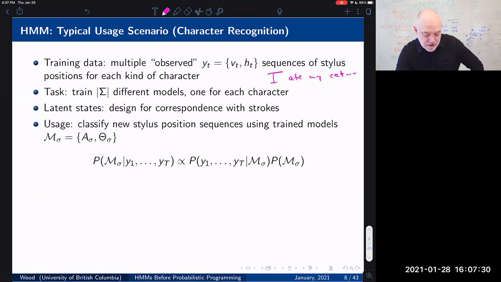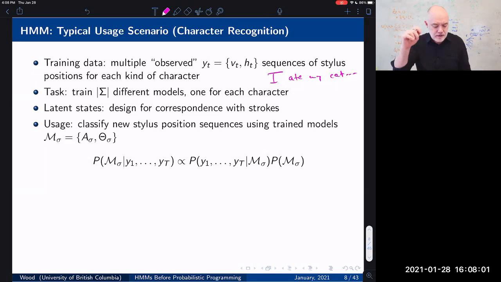Anyway, so training data might be an observed sequence where Y is the joint values of the vertical and horizontal position of a stylus at a particular time, right? So Y can be not just scalar, it can be a vector, as we just talked about, right? And you might train a bunch of different models, one for each character. So in other words, you might have HMMs for every single letter in your alphabet, whatever that happens to be.